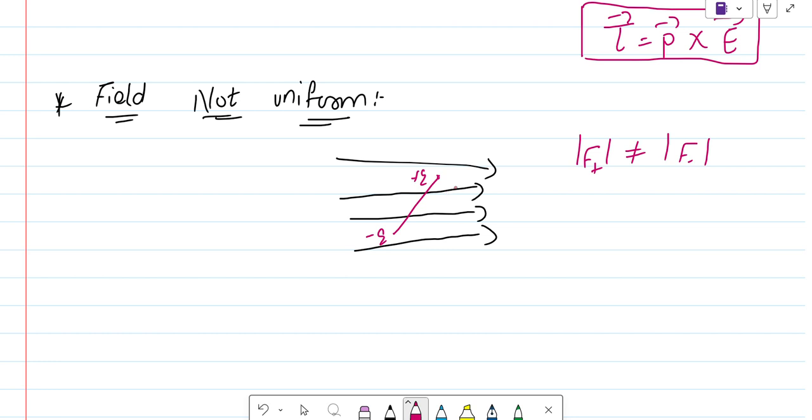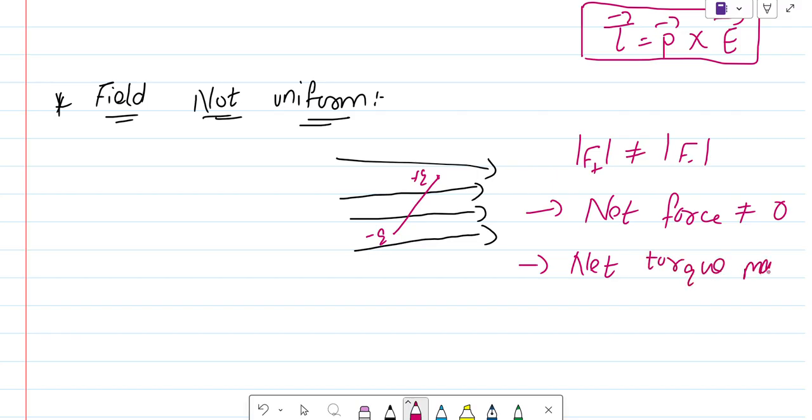So the closer the field lines, the stronger the magnitude of the electric field, and hence the stronger the force. So they won't be equal, and so the net force is not zero. But as far as torque is concerned, the torque may or may not be zero.